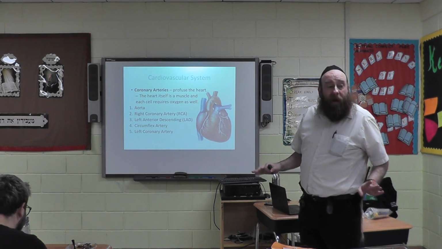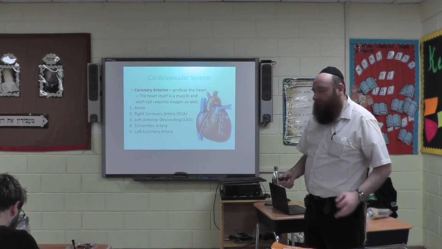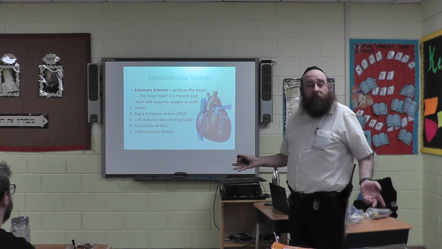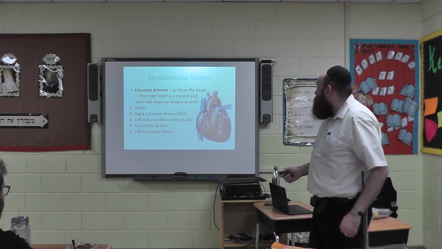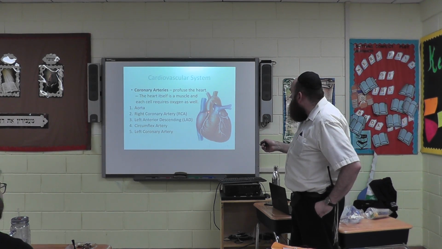But none of that blood perfuses the heart. We've spoken about this before. The heart muscle, being a muscle and being in the body, requires perfusion, just like everything else. How does the heart get perfused? So the answer is right here.